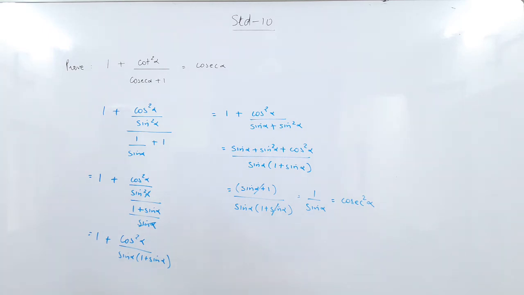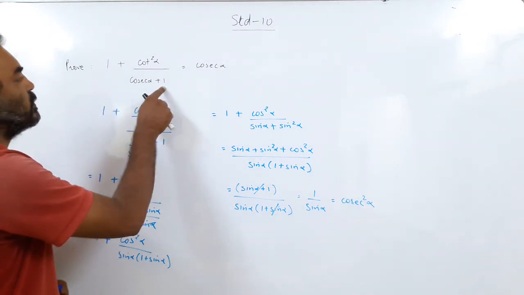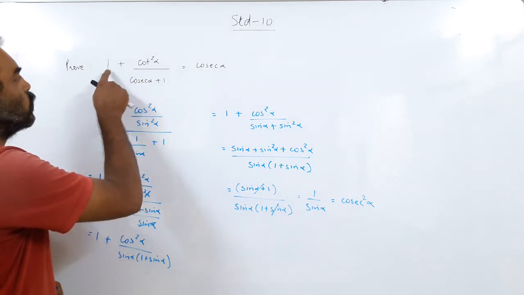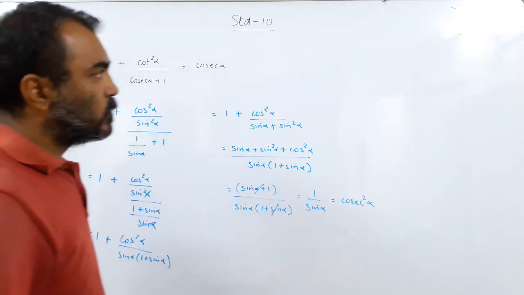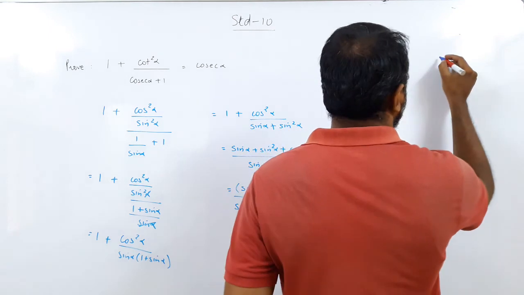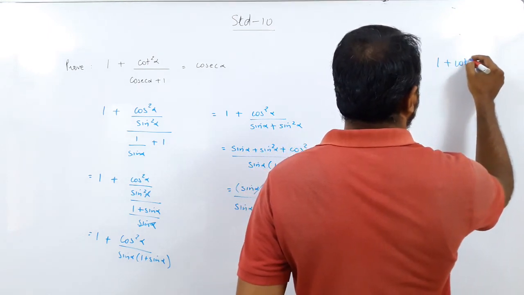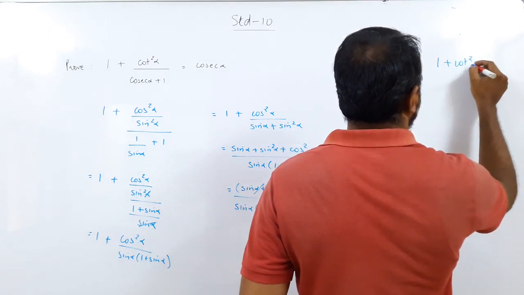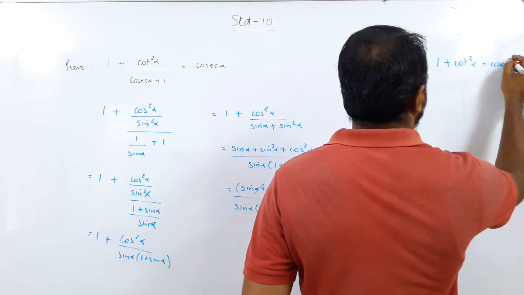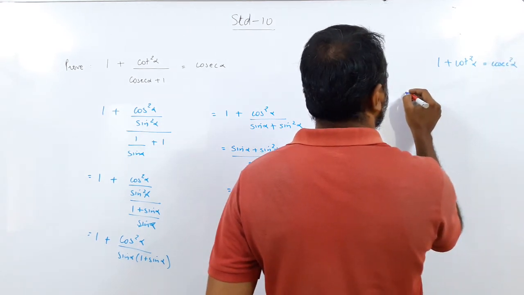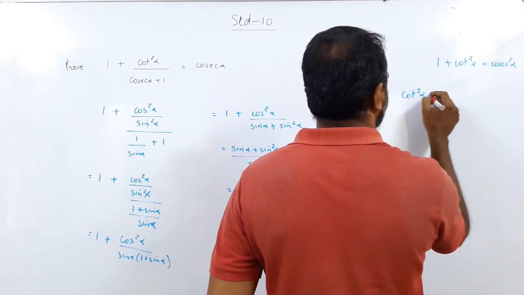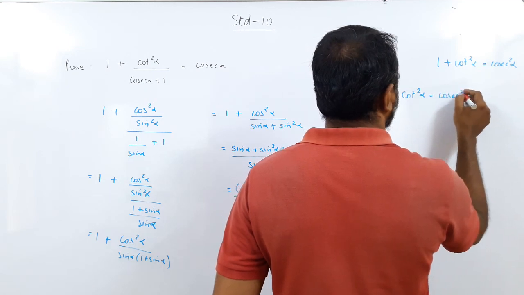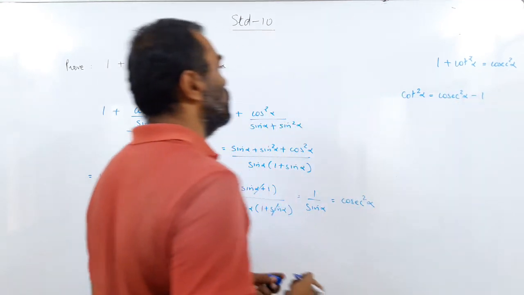So what I am going to do, I have got the sum into cosec alpha plus 1, cot square alpha and cosec alpha. So I am going to use the identity 1 plus cot square alpha equal to cosec square alpha, or cot square alpha equal to cosec square alpha minus 1.